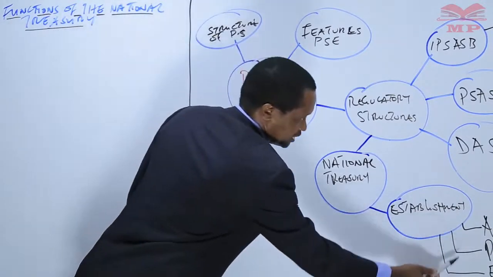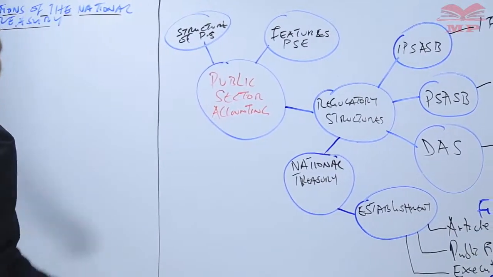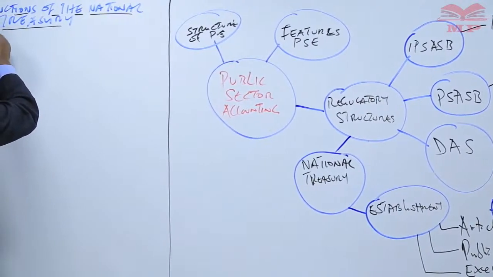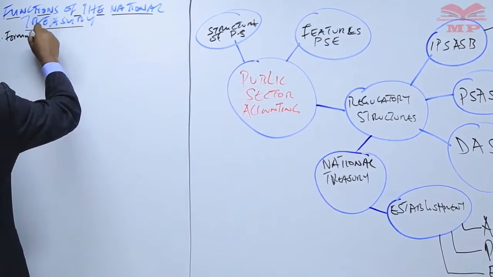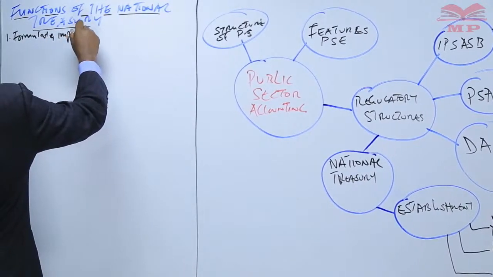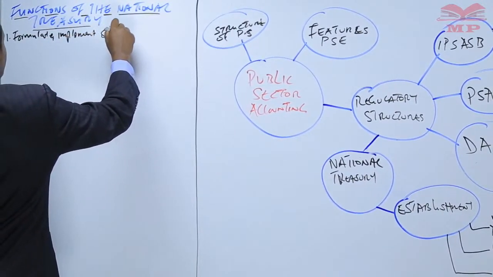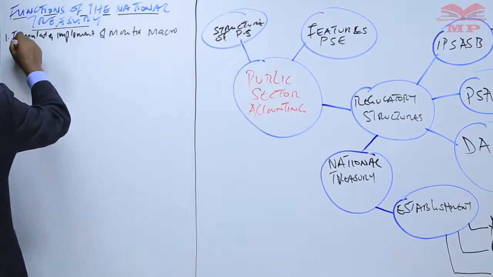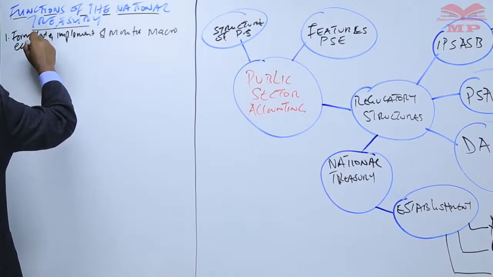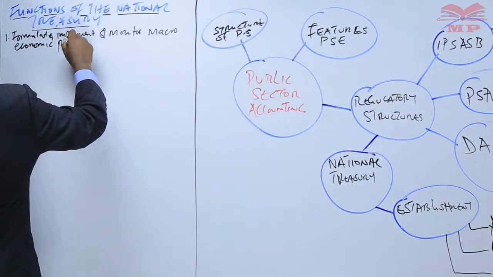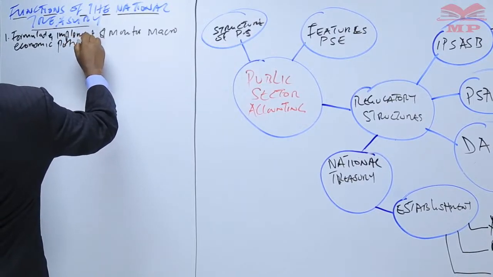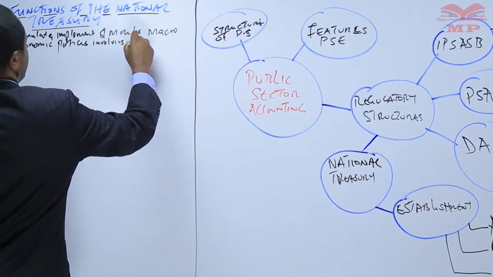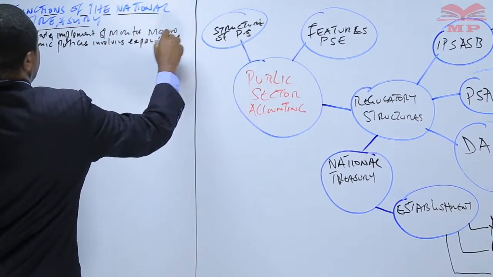according to the Public Financial Management Act, is that the National Treasury shall formulate, number 1, formulate, implement, and monitor macroeconomic policies involving expenditure and revenue.